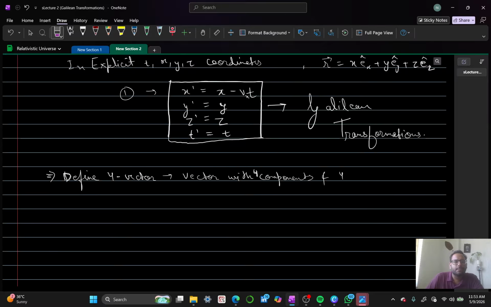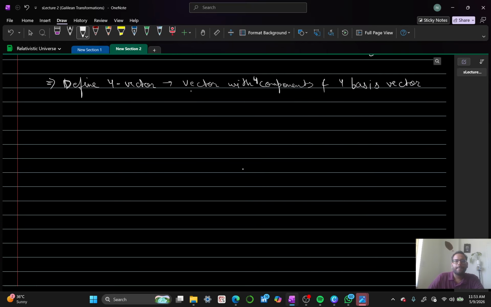Unit vectors are our basis vectors. So we can write a four vector like this. Suppose this is a four vector. I will denote it like this, with two lines and an arrow.